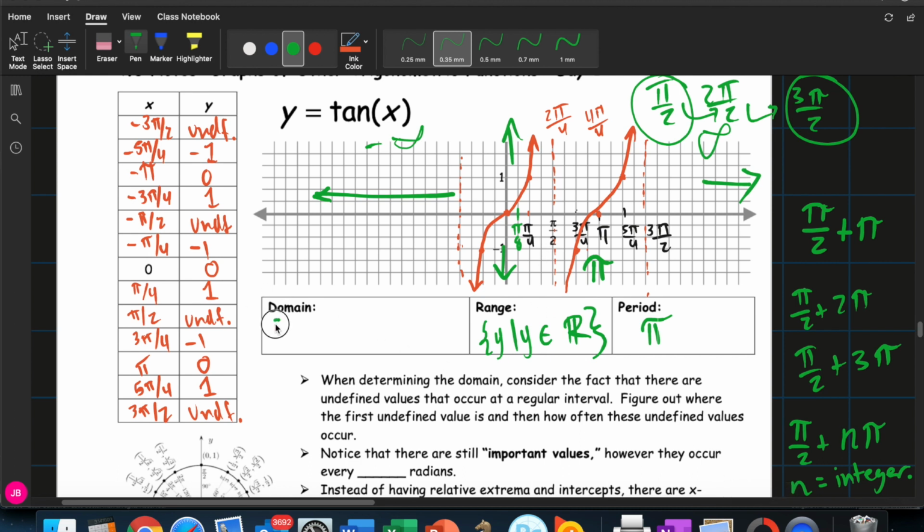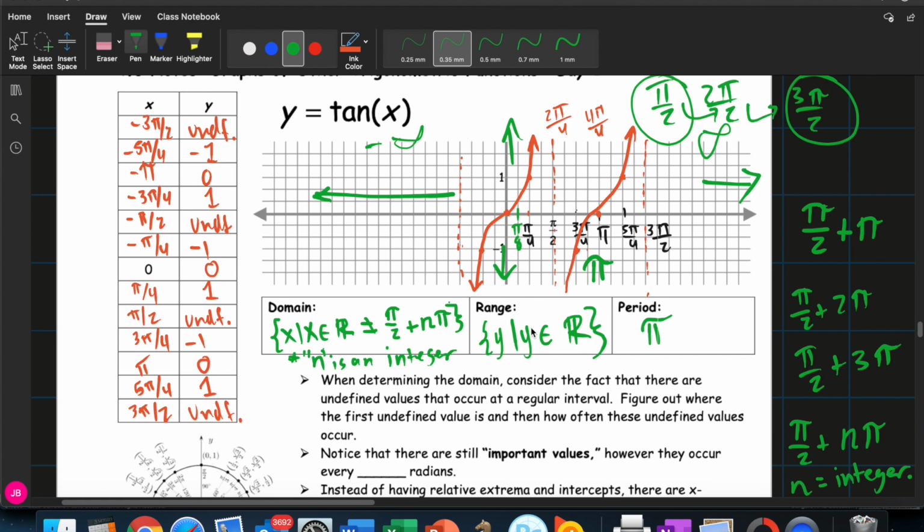So my domain is going to be a set of x's such that x is a real number except for anytime you take pi over 2 and you add n pi, with the little asterisk that n is an integer. And so that's how we would find domain, and that's how we would write domain.